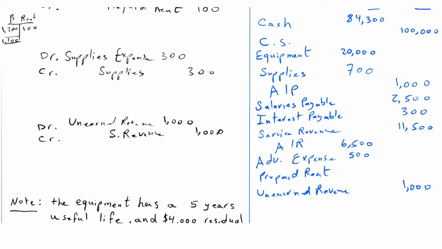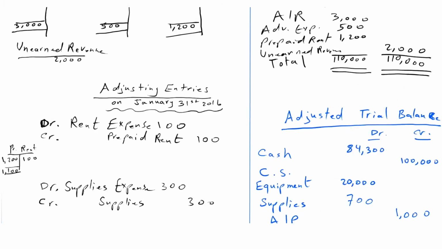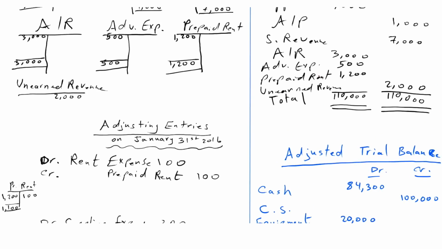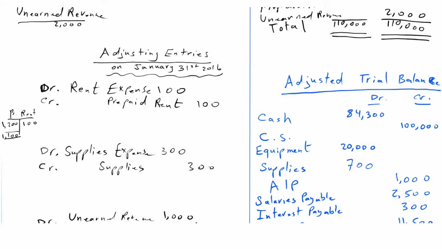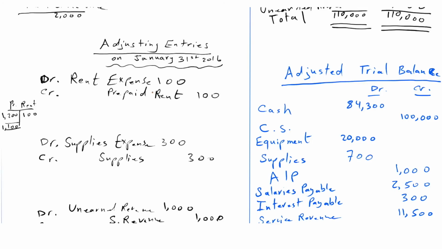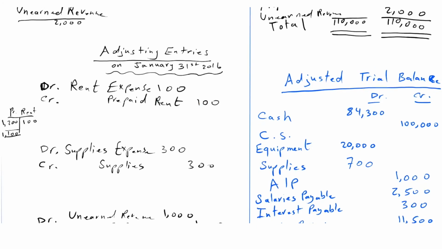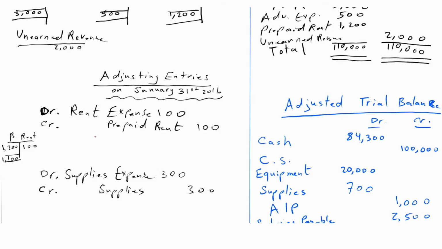And then we forgot the prepaid rent. The prepaid rent used to be $1,200. And then let's look at the adjusting entries. There was a credit of $100. Okay, so 1,200 minus the 100, because debit balance and a credit balance, debit minus credit, that will be 1,200 minus 100.